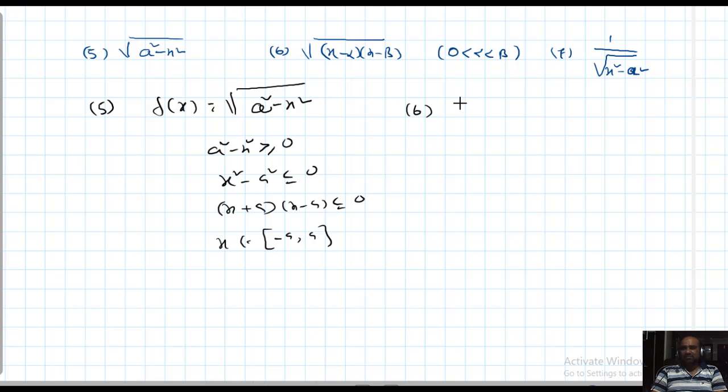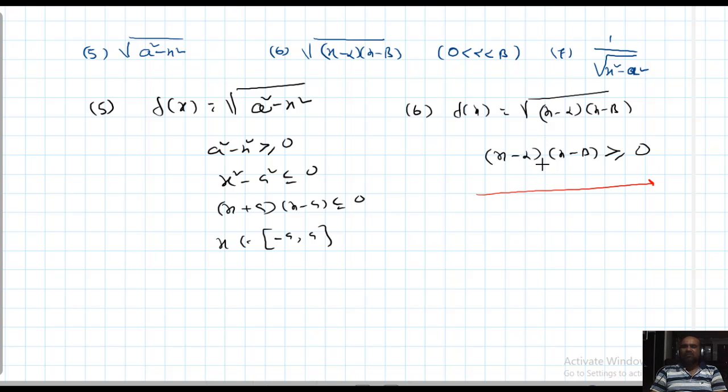Sixth one. This is also the same model. Root over x minus alpha into x minus beta. So x minus alpha into x minus beta should be greater than or equal to 0. Now take a number line and identify the zeros. But here you don't know whether alpha is greater than beta or beta greater than alpha. But in the bracket it is given directly: beta greater than alpha.